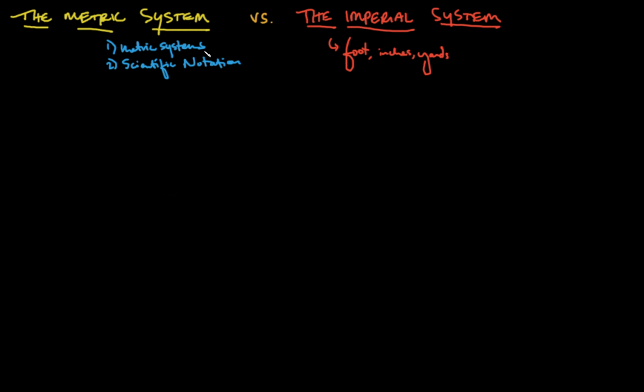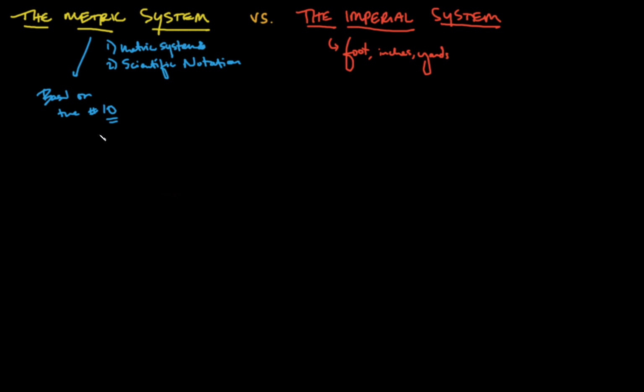So the first thing is, the metric system. So what you should know is that the metric system is based on the number 10, right? So all unit conversions are based on this number, which is really convenient because if you've learned any tricks, and I hate to say the word tricks, of multiplying and dividing by 10, all you're doing is adding zeros or essentially you're moving the decimal place either right or left.